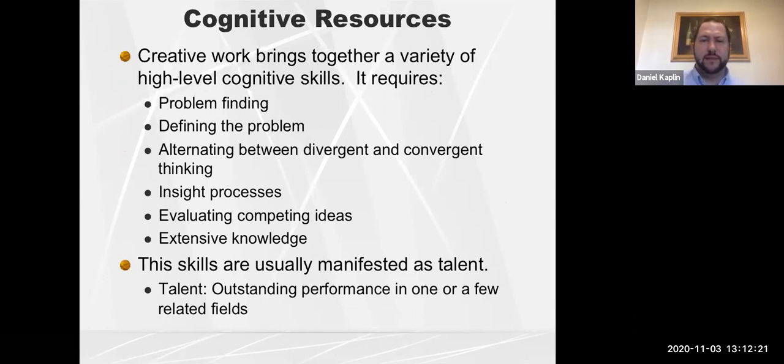So one is you have to have problem finding. If you don't identify a problem, you can't come up with a solution. You have to identify the scope of the problem. So define what are the parameters of the problem. You have to understand, well, what does everyone else think? Are there other ways of seeing it? So both divergent and convergent thinking, you have to evaluate competing ideas and so forth.